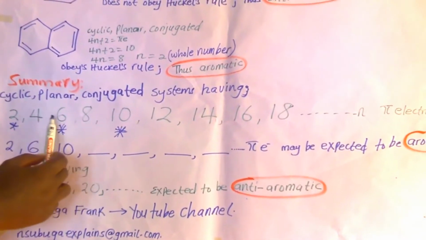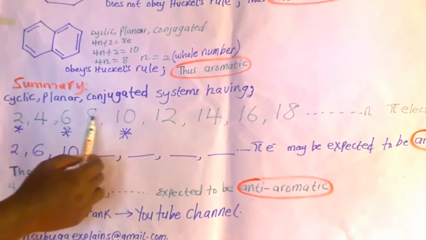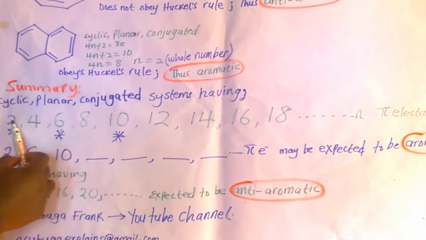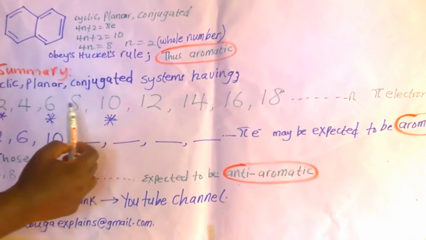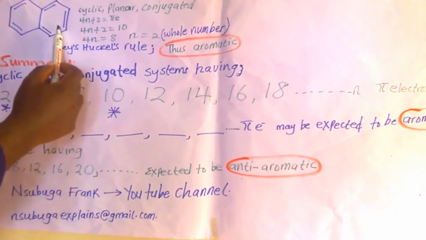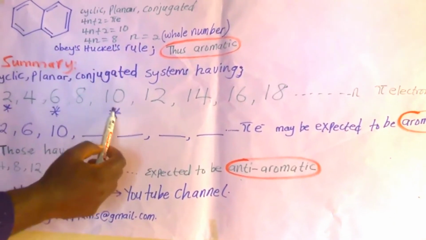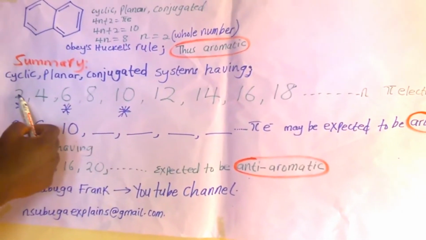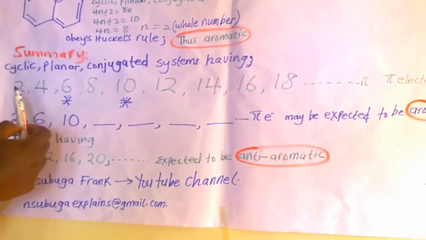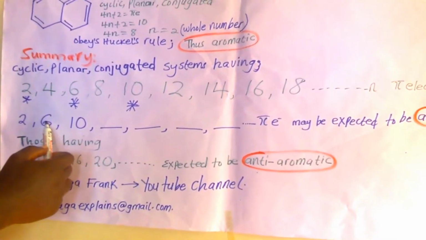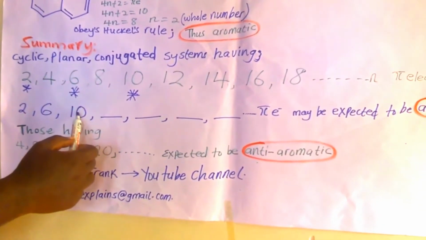We also looked at those which have 6 and those which have 10. 2, 6, and 10 were aromatic. 6 is like a benzene ring. The 10 is this compound here. It was aromatic. Then the one which had 2 was also aromatic. So we can develop a sequence from 2, 6, 10.